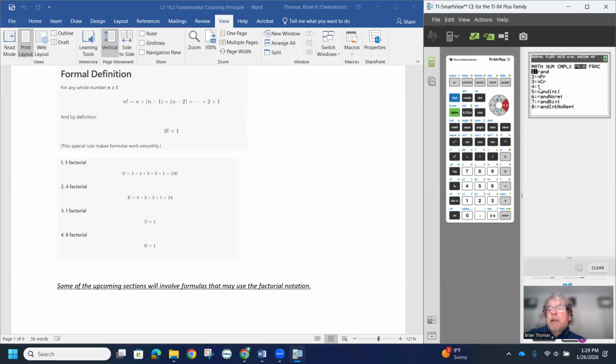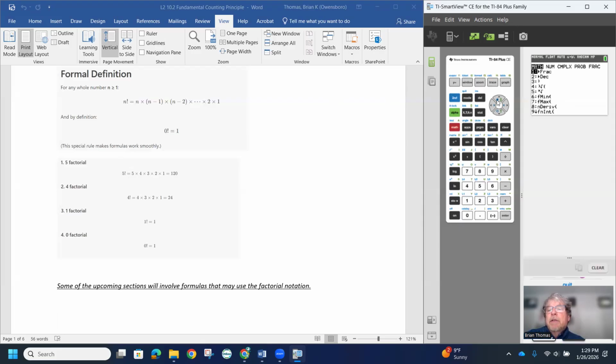Now, before I can actually make this happen though, let me quit. Quit is right above mode, but notice how it's in blue. So I have to hit the second button and hit the mode button, and it'll get me back out of all that. Quitting just takes me back to the home screen. If I want to type in 5 factorial into the calculator, I actually have to type in the 5 first and then go hunt for that symbol.